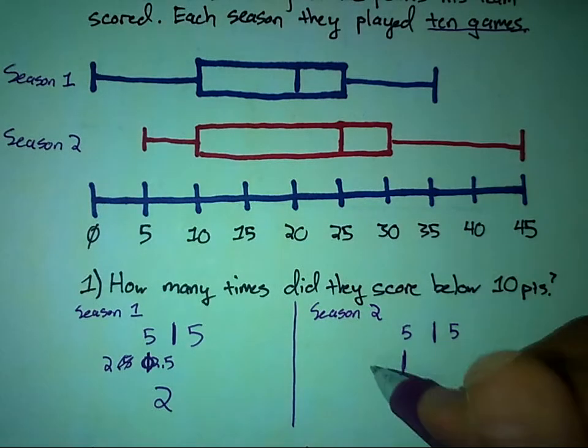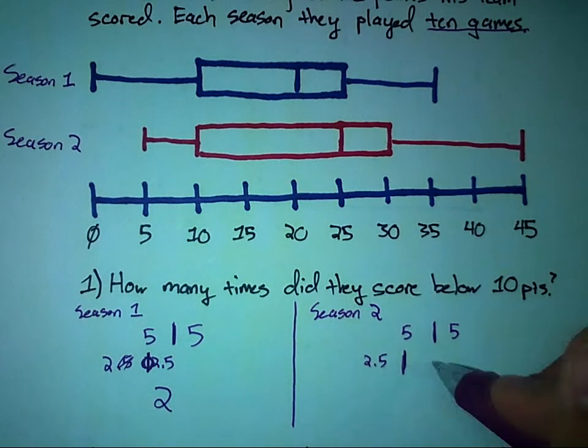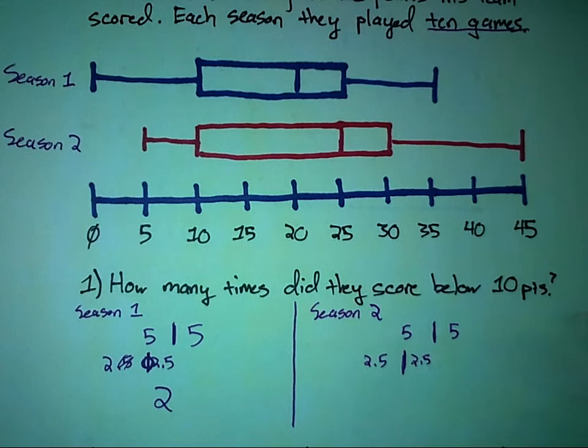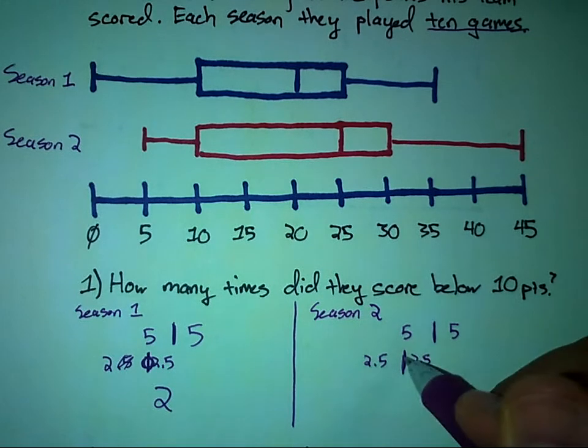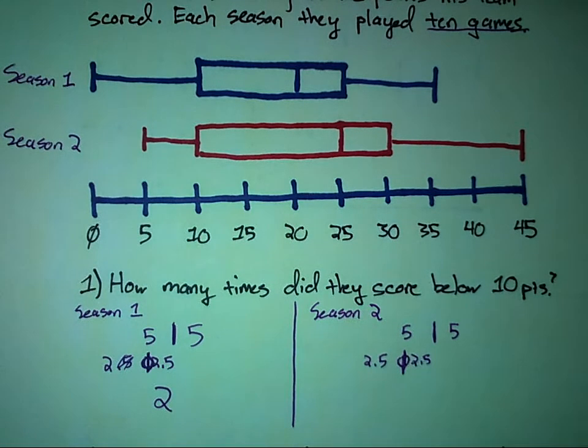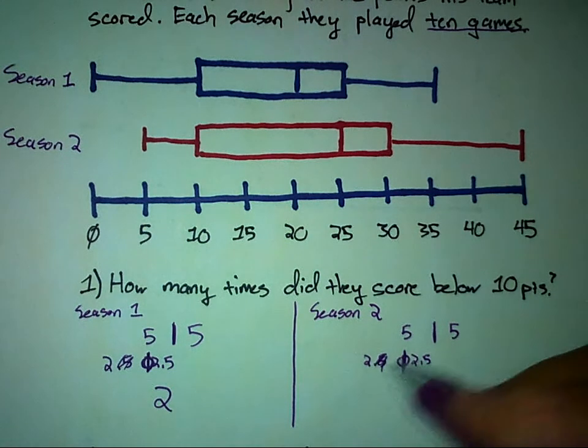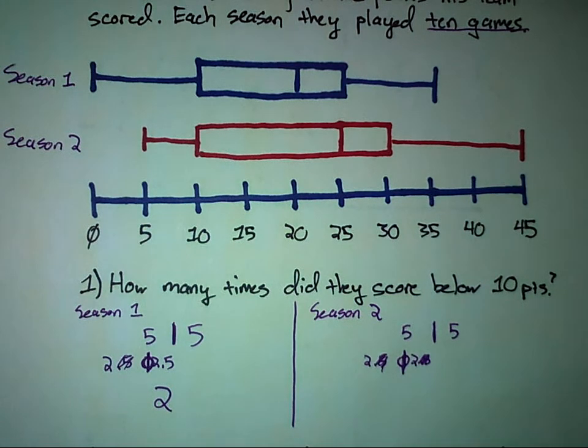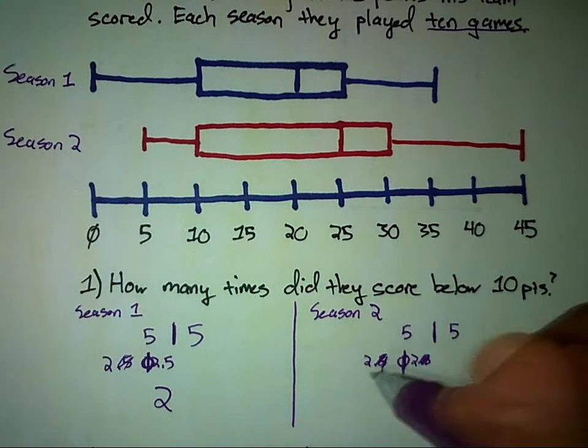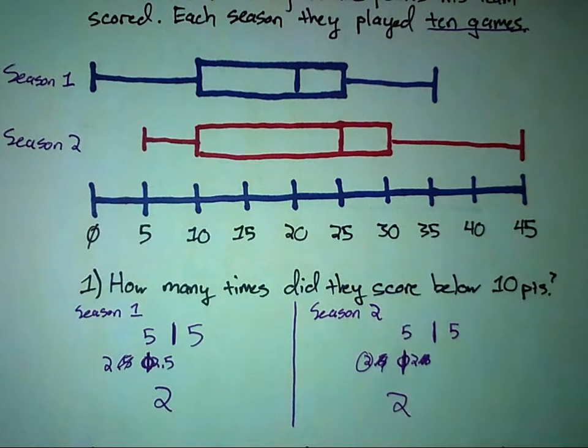That means 2.5 to the left and 2.5 to the right. You can't have half a game. That's impossible. So that means this lower quartile is actually a number in the data. So that means it'll be 2 above and 2 below. What that tells me is, just like before, because they're both lower quartiles, we're going to have 2 again. So how many times did they score below 10 points? Well, 2 in the first season, 2 in the second season. So we can safely say it was 4 times.